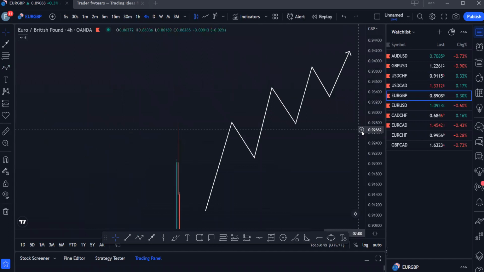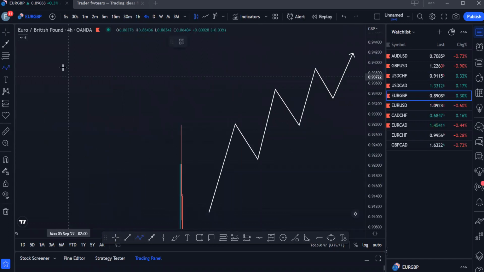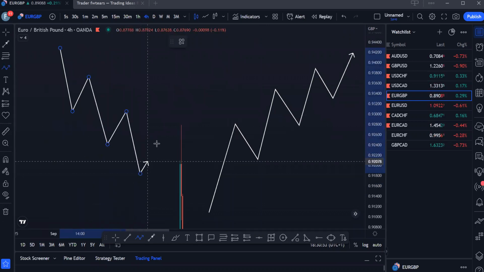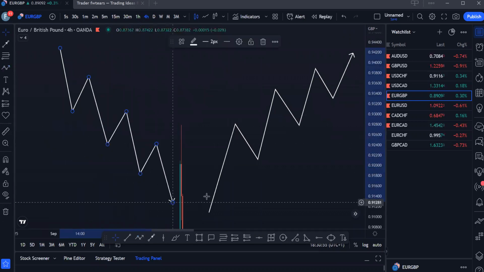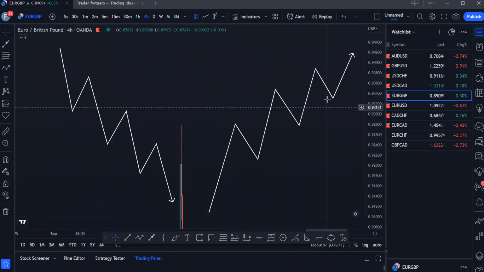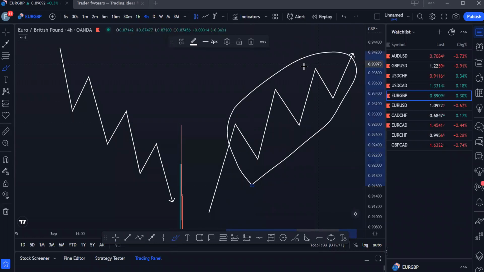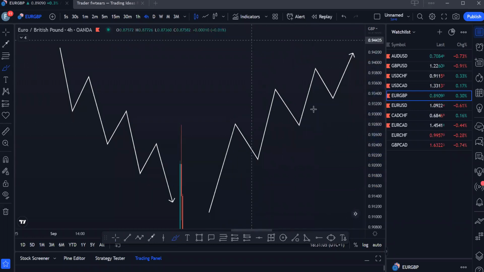For a downtrend, it's also zigzag. It's going down, zigzag like so. This is how price moves in an uptrend. It goes up in this manner. Of course, it might not always be like this.